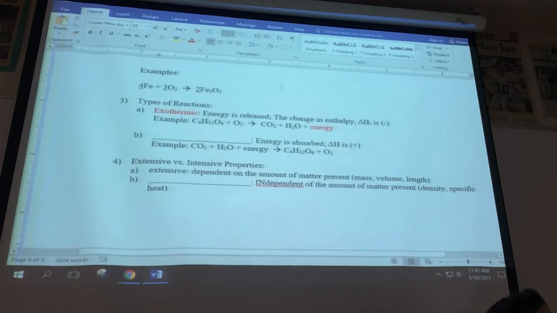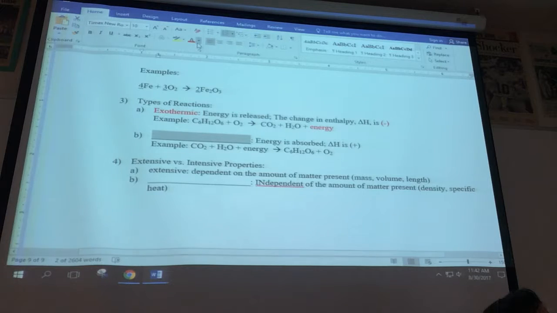You'll learn later in the year, in the fourth 9 weeks, that the delta H, the change in enthalpy, will be negative in an exothermic reaction. For right now, all I would want you to recognize, if energy is on the right side of the equation as if it were exiting, you have an exothermic reaction.